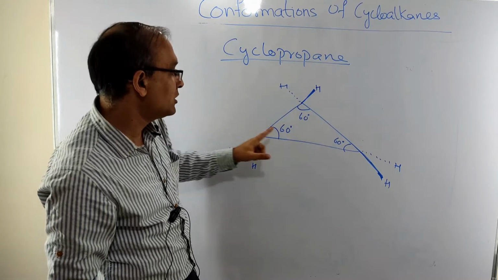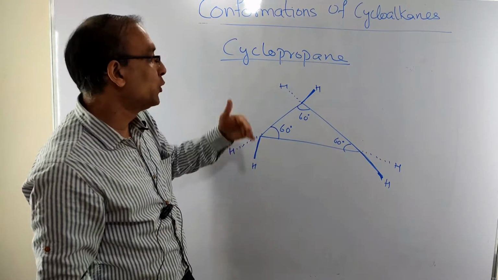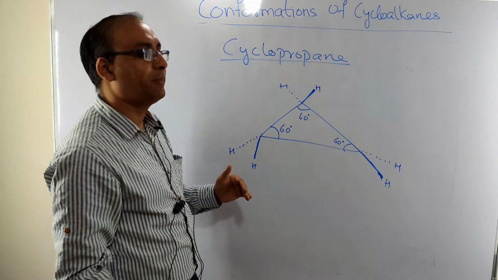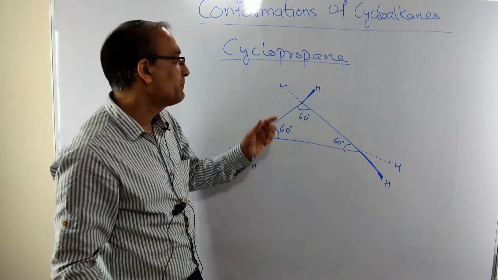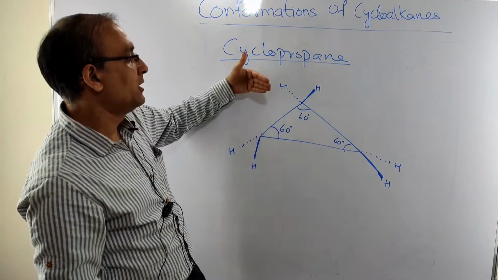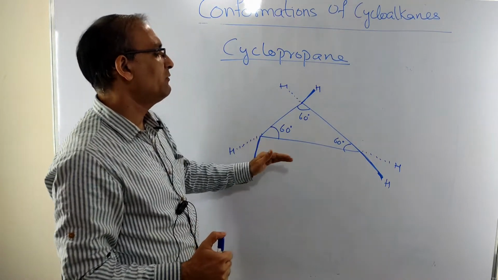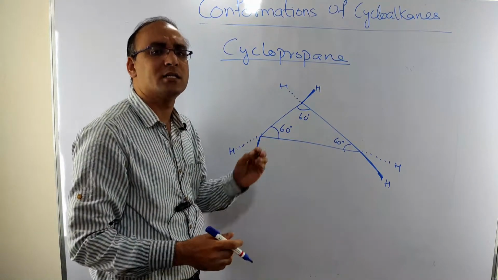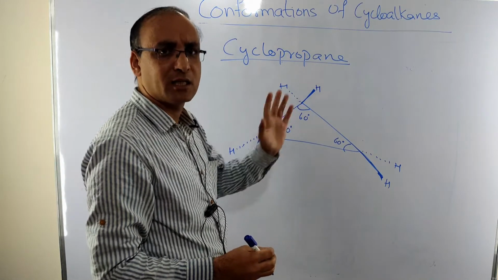Similarly, all the hydrogens which are below the plane, away from the viewer, are eclipsing each other. So these three hydrogens face torsional strain, and the other three, the hydrogens behind, also face torsional strain. So this is very, very unstable, and thermodynamically these are among the most unstable rings. Three-membered rings are thermodynamically very, very unstable.